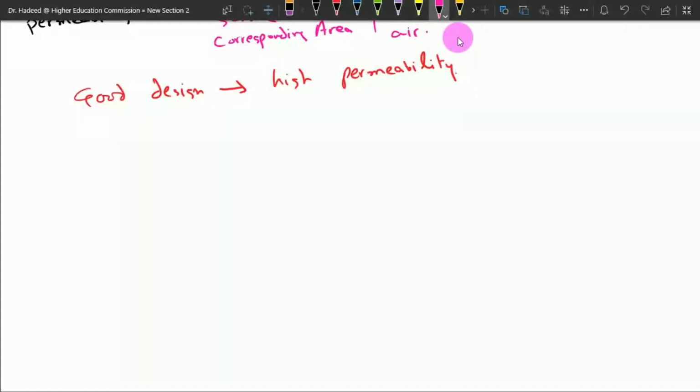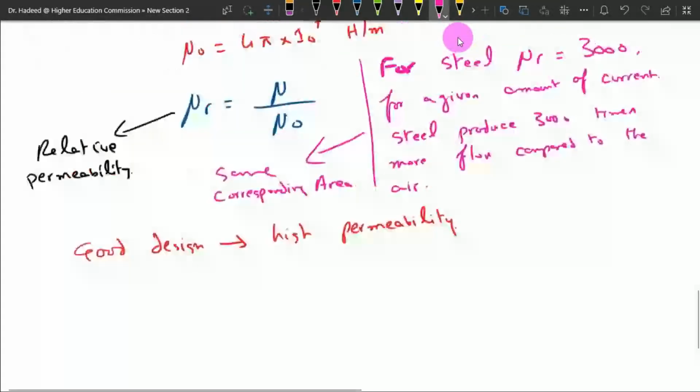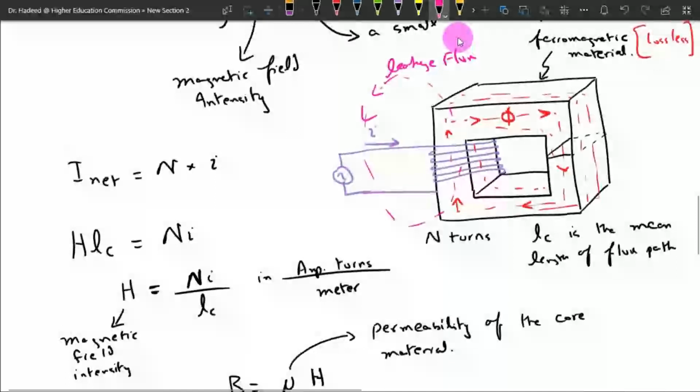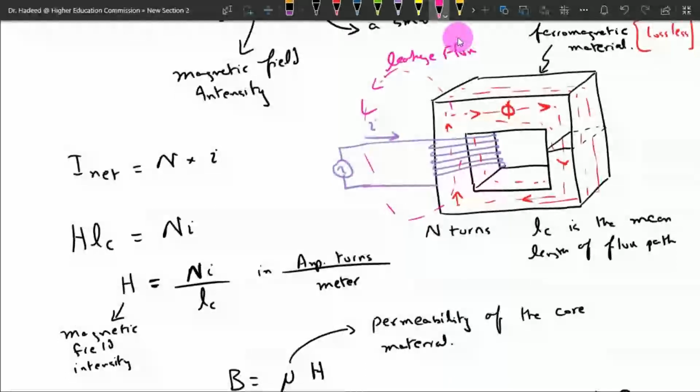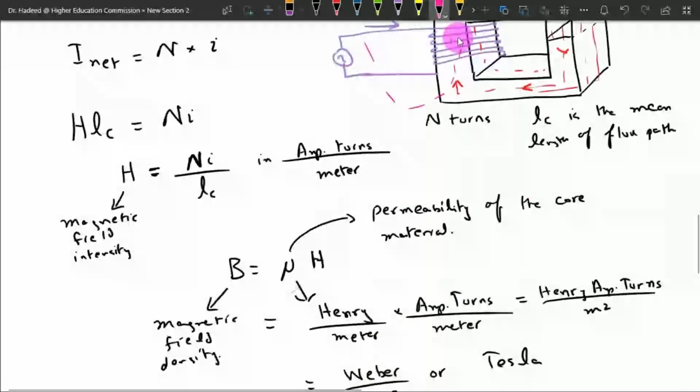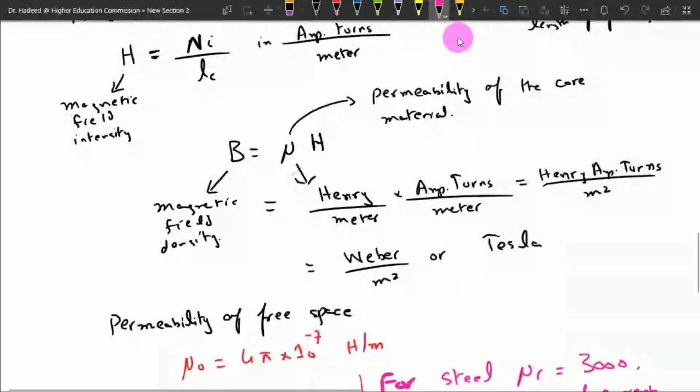So in the figure that we have shown here, B is equal to mu H, and what is mu? Mu is in Henry per meter, and H is equal to the number of turns times current divided by Lc.